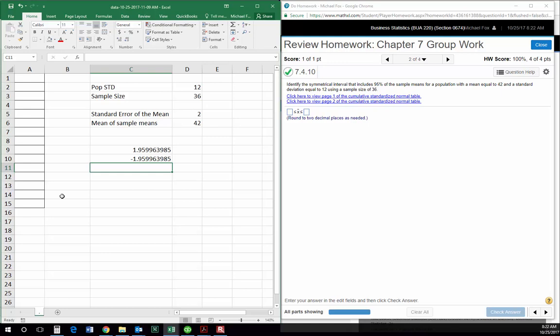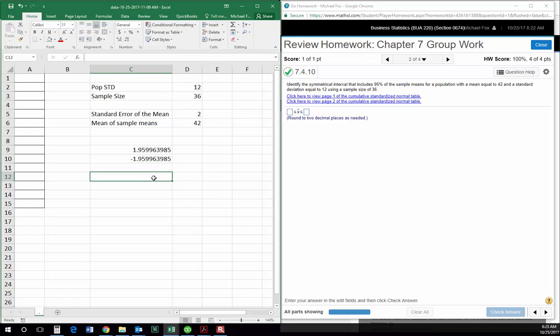So you may have to check that formula out. That formula is that the z-score equals the sample mean minus the mean of the sample means divided by the standard error of the mean. And we have all this information now, right? We have the z, the standard error of the mean, and the mean of the sample means.